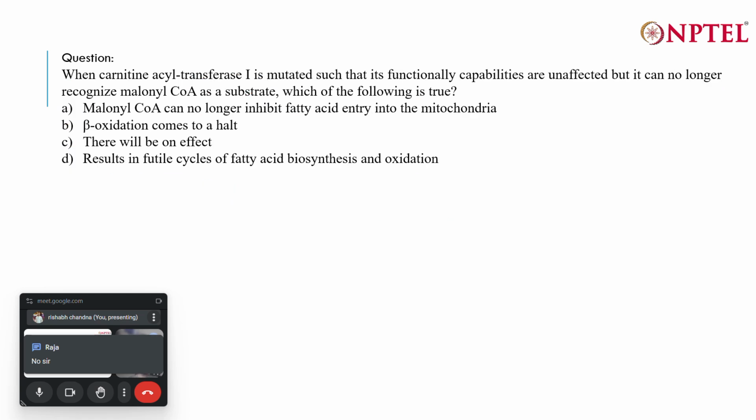When carnitine acyltransferase 1 is mutated such that its functional capabilities are unaffected, but it can no longer recognize malonyl coenzyme A as a substrate, which of the following is true? So what can be the correct answer?